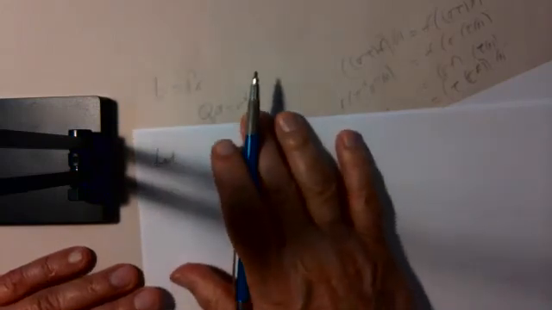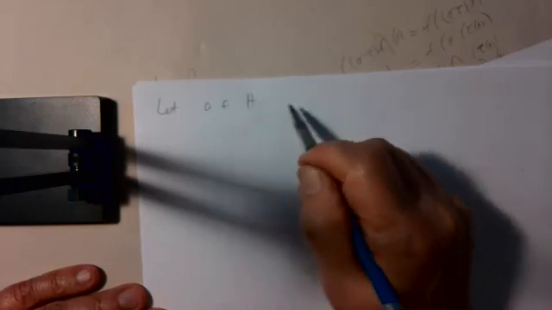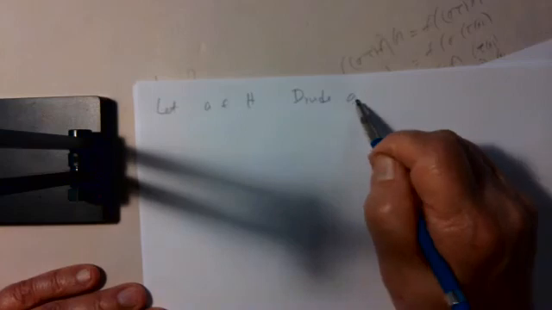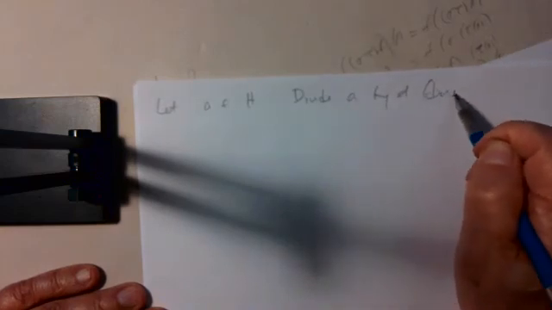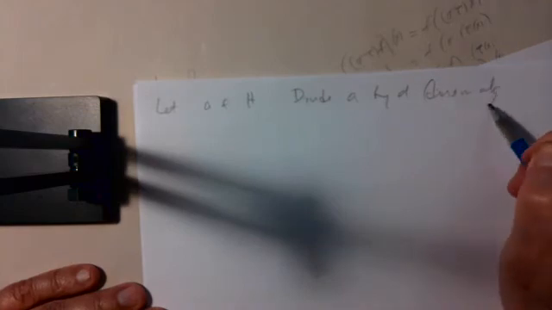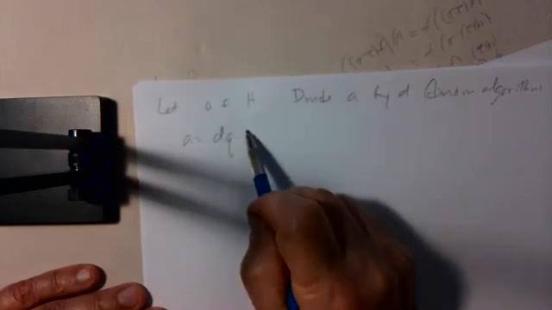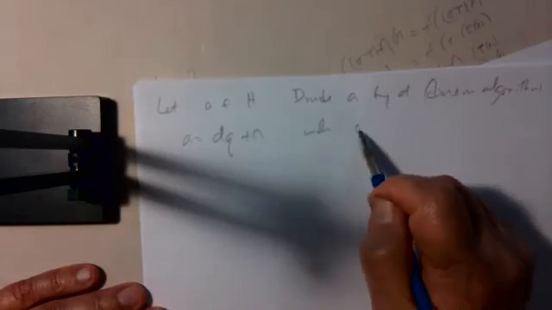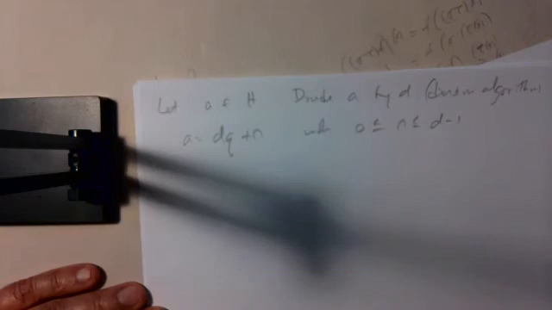So let A be an element of H. Divide A by D. This is the division algorithm. We have A is D times Q plus R, with R, the remainder, between 0 and D minus 1.